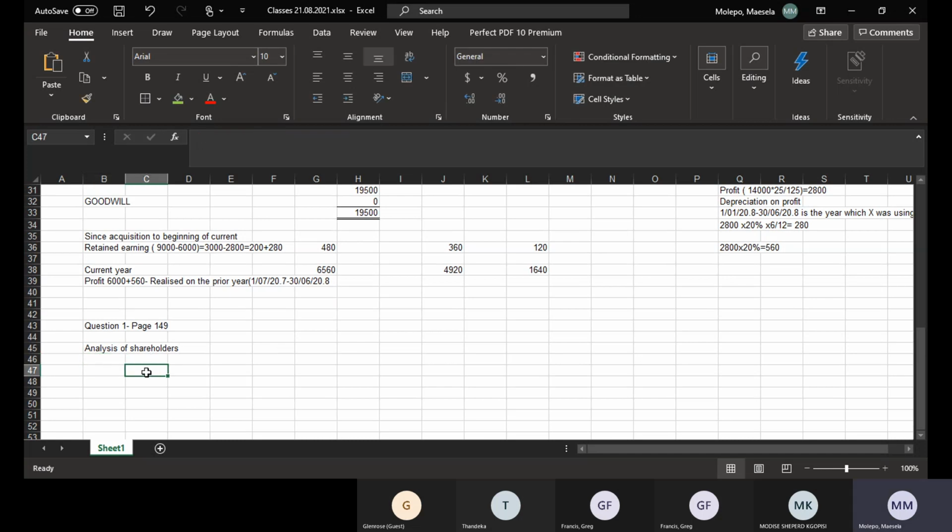So it will be the parent, and then we have the NCI.